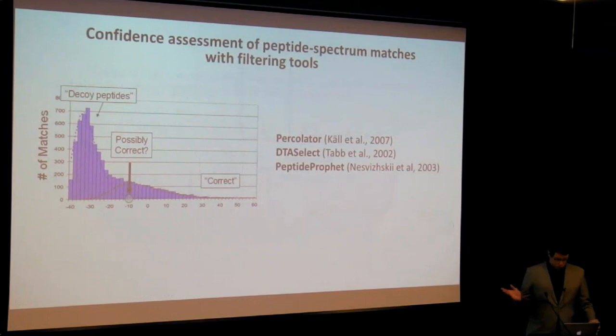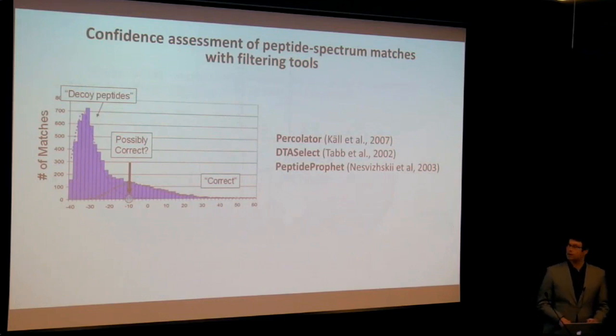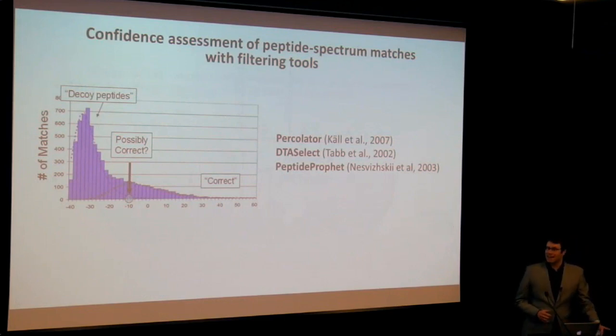The tools I've talked about that try to classify the correct from the incorrect identifications share another thing in common, besides being old: they work in silo, in complete isolation. When you are analyzing a data set, the tool is given the data set, it trains on it, it tests on it, and it reports the result. It doesn't use any other data set that was acquired or any other external information. It just works one data set at a time.